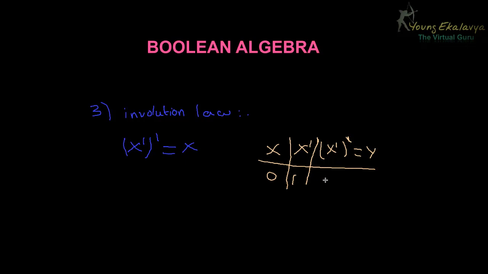Now again we do the complement for it, so we get again 0. Now we will take it for 1, complement of it, yes, you are right, it is 0, and now again we are going to take complement, so we get it as 1. So you can see it here, this one and this one, they are same. So x complement whole complement is equal to x.